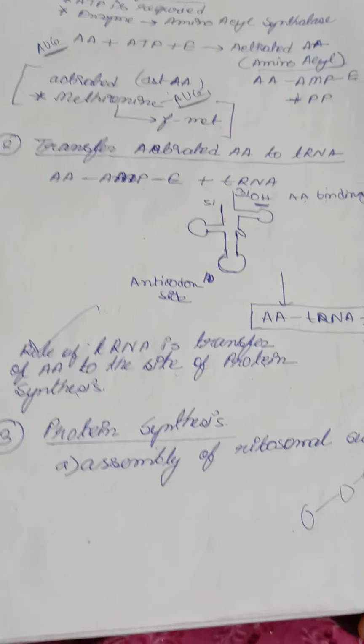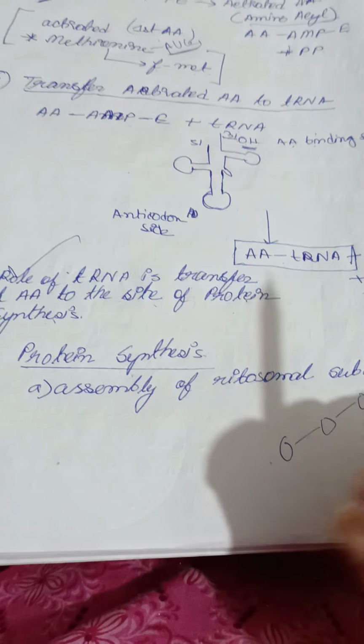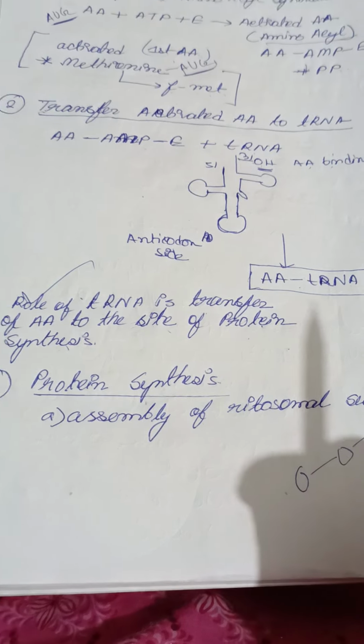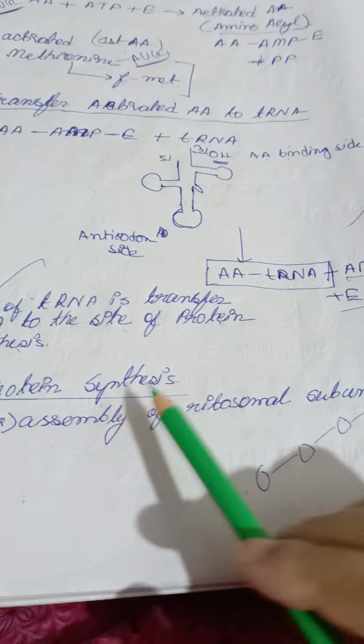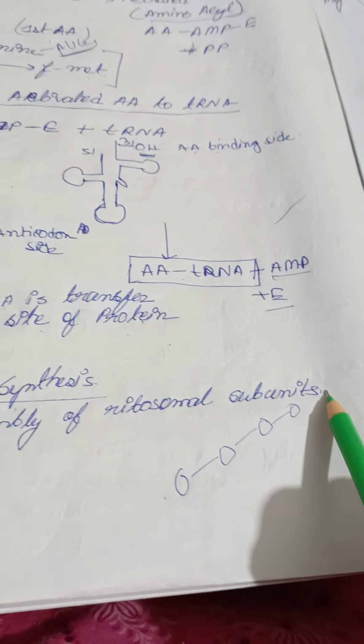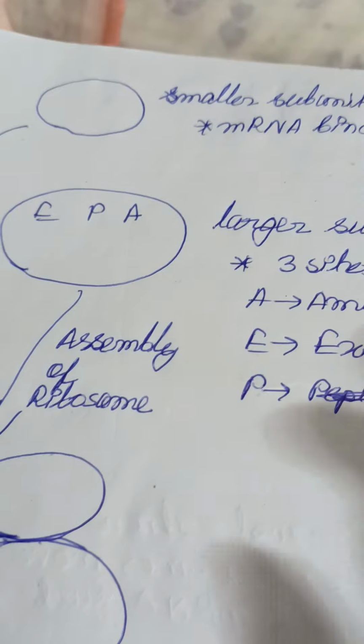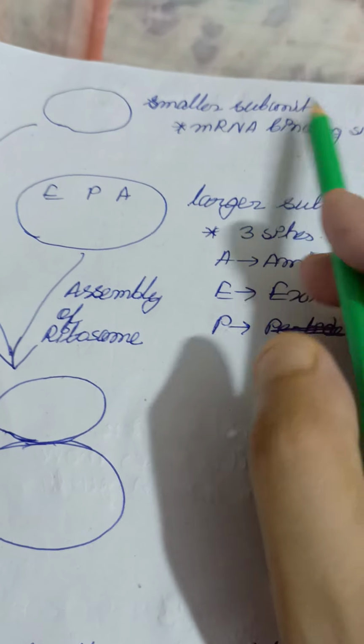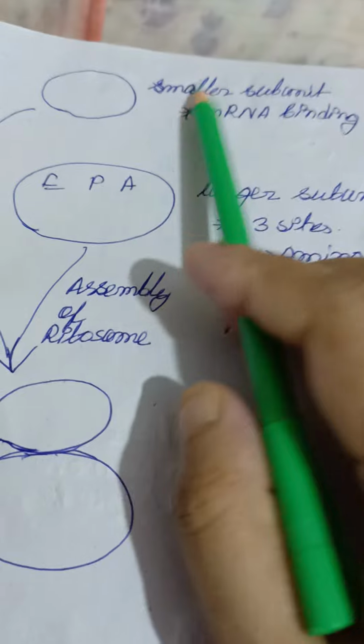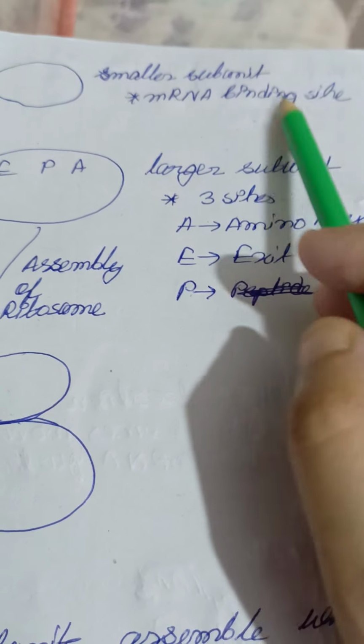Okay, so now the main step, that is the protein synthesis, will begin. So for this protein synthesis, what will be done? The assembly of ribosomal subunits. We already know that ribosome has two subunits. One is the smaller subunit, one is the larger subunit. In the smaller subunit, what happens? The mRNA binding site.